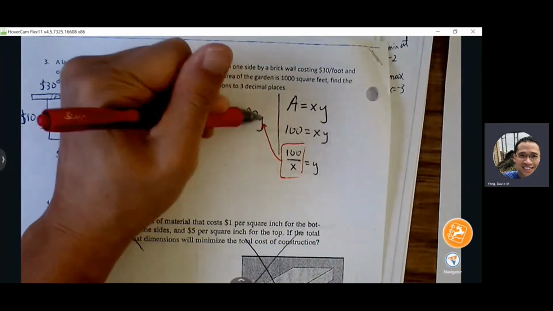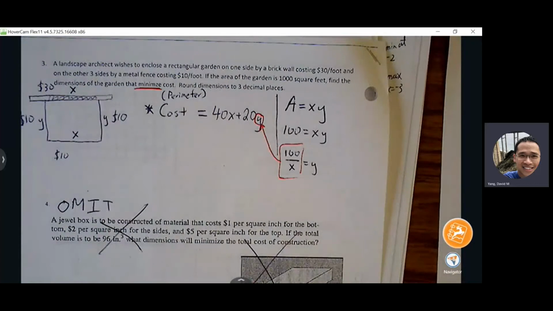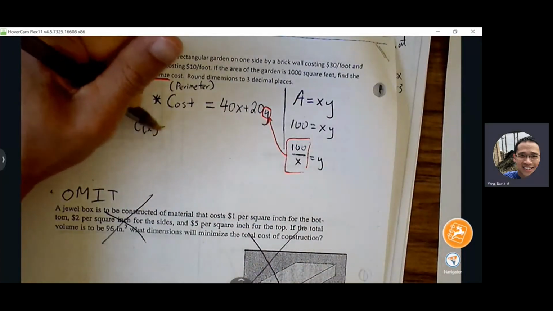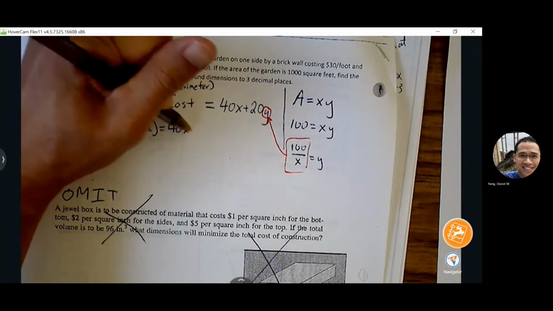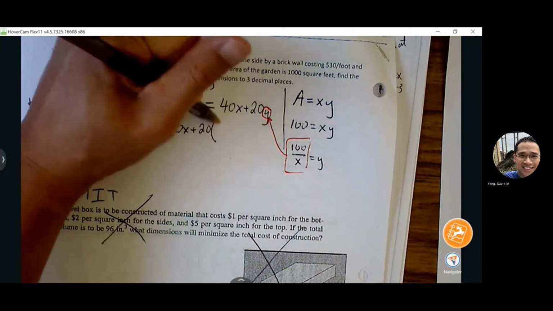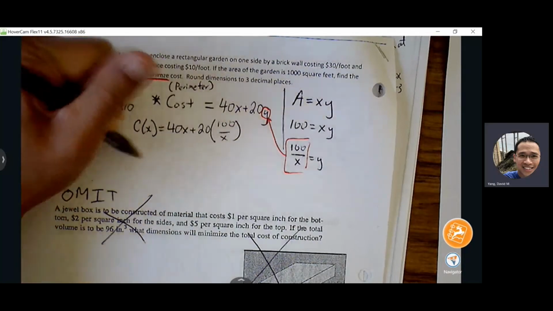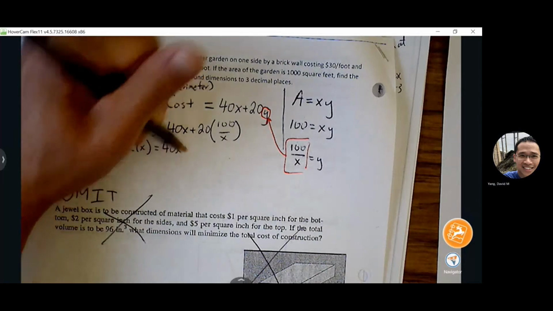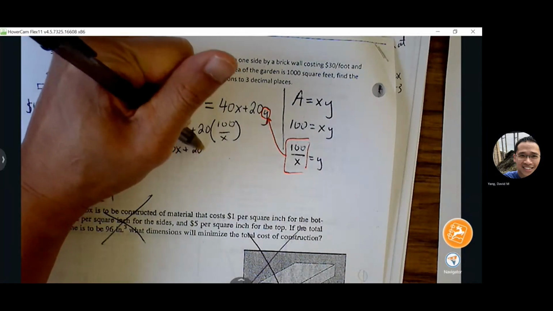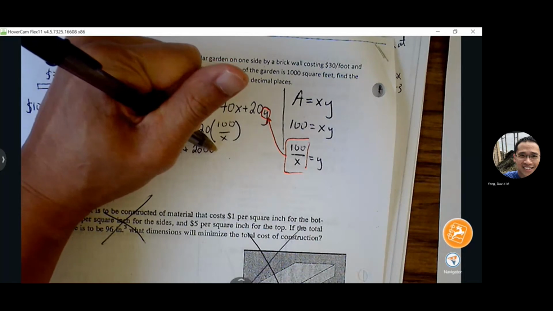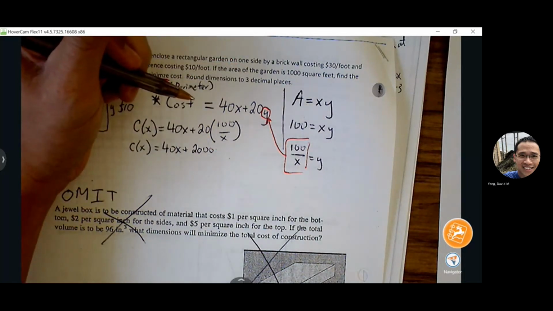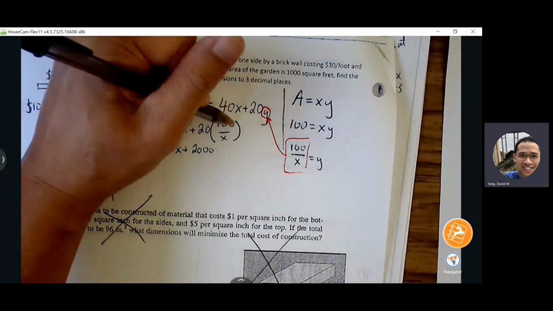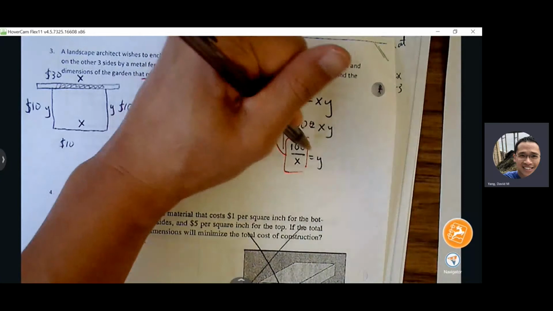Once that substitution occurs, we can move towards getting it ready for power rule. Sorry, 1,000, not 100.